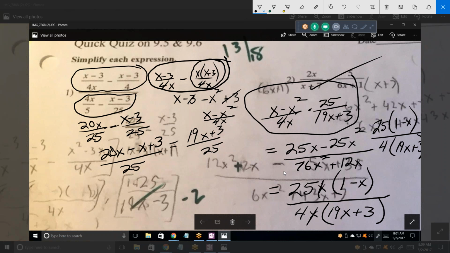That's an okay answer. There's numerous answers. You can multiply these numbers back also. In fact, she probably wants you to. Her answer is probably going to be 25 minus 25x all divided by 76x plus 12.